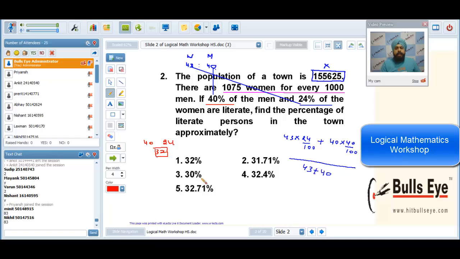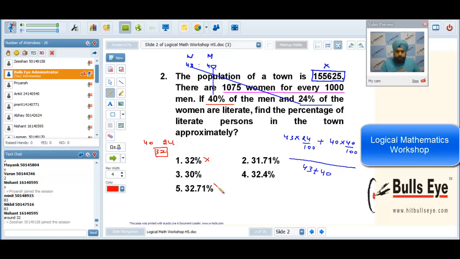But women are comparatively more, so the answer will be a bit more inclined towards the women percentage, that is towards 24. So the answer cannot be this, this or this.